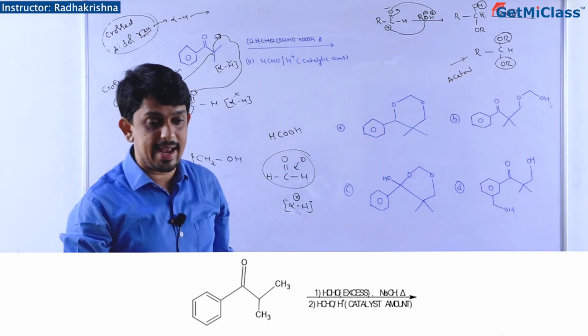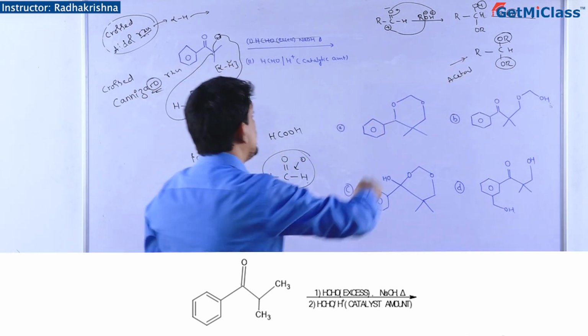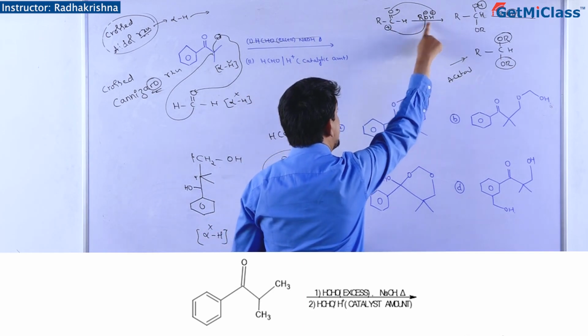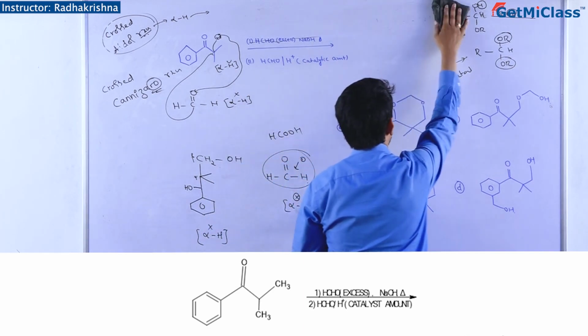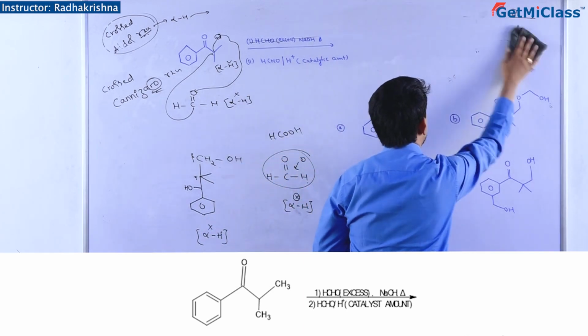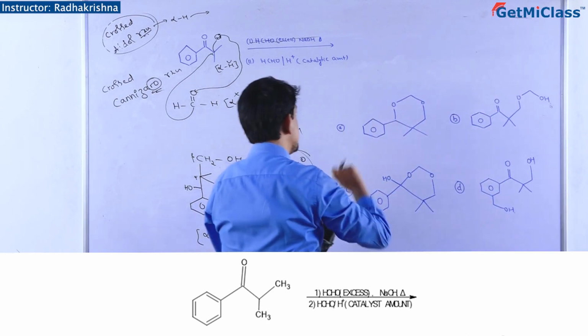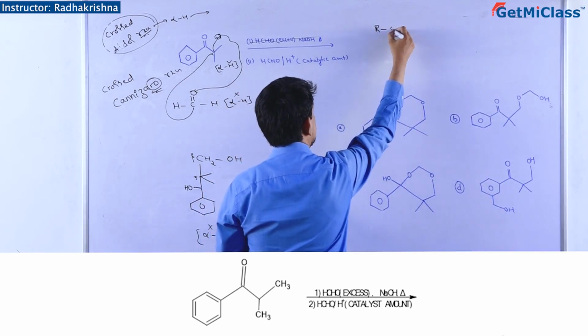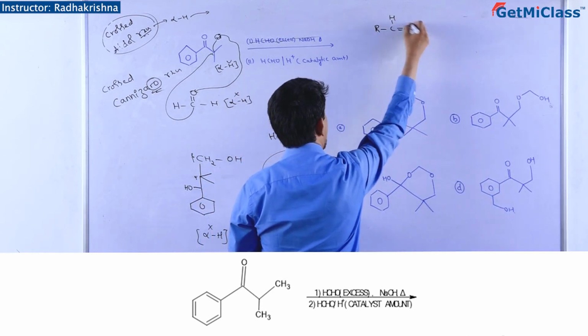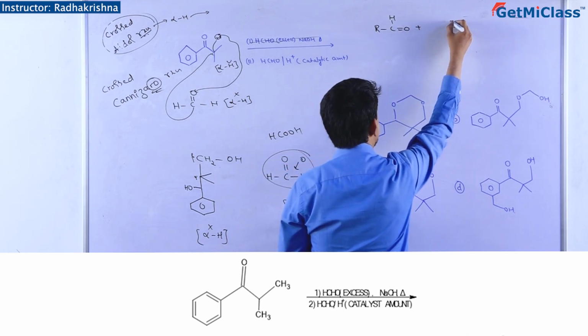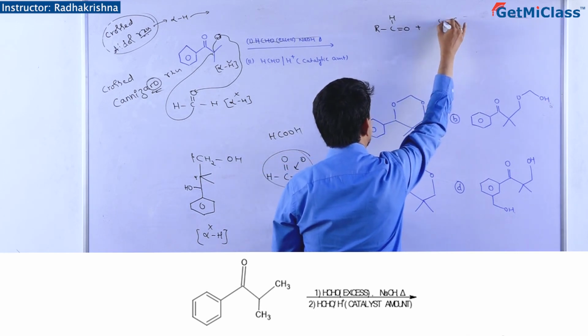One more reaction I can write. Here we had a carbonyl compound with a monohydric alcohol, right? So I can write aldehyde with a dihydric alcohol. See this. Aldehyde, dihydric alcohol like ethylene glycol, let's take.